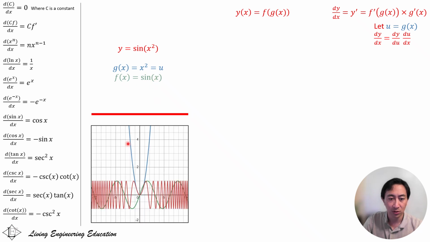So I graph those. Here I have my x squared, or my u term. In green, I have my sine x. When we combine the two, the amplitude of this full function y is still going to be 1, with peaks and troughs between -1 and +1.